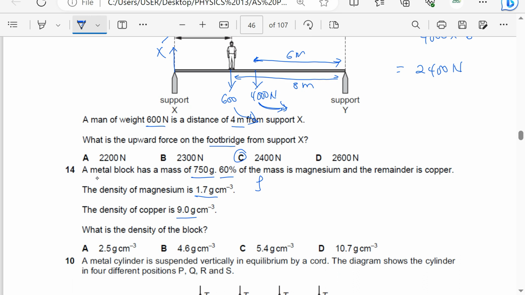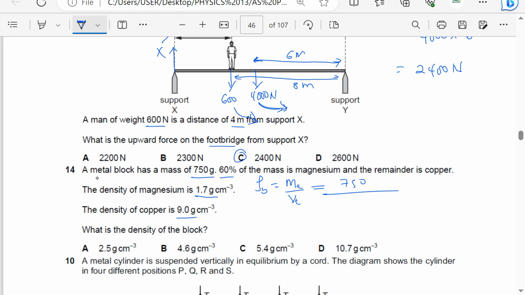So the density of the block is going to be the total mass, I'm calling it MT, over the total volume, I'm calling it VT. The metal block has a mass of 750 grams, so total mass is 750 grams. Now for total volume, it has 60% of the mass magnesium, and the remainder is copper.